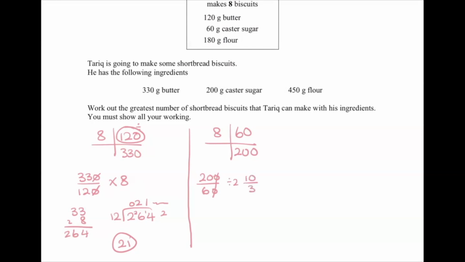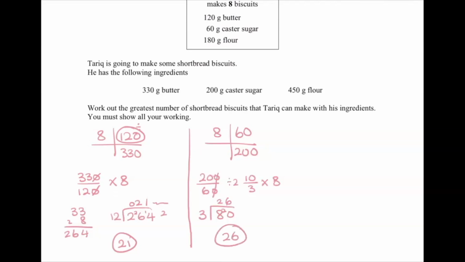So 10 over 3 times 8. So 10 times 8 is 80, and then I just need to divide that through by my 3. So I can get a total of 26.